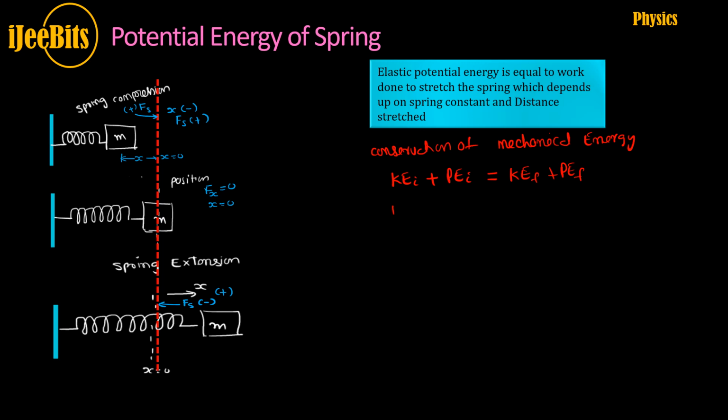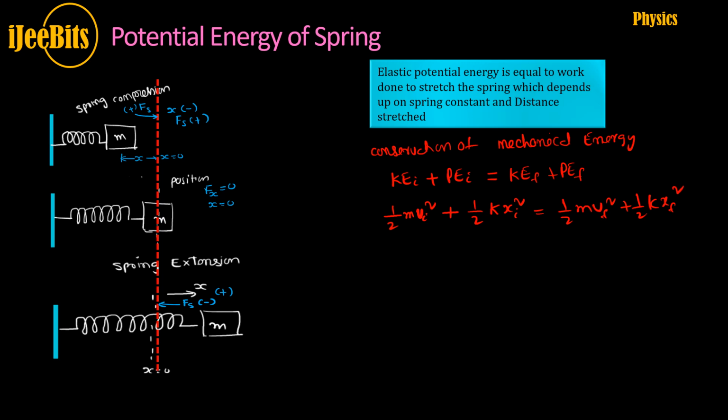So let's put in the formula: half m vi squared plus half k xi squared in case of a spring, equal to half m v final squared plus half k x final squared, right?